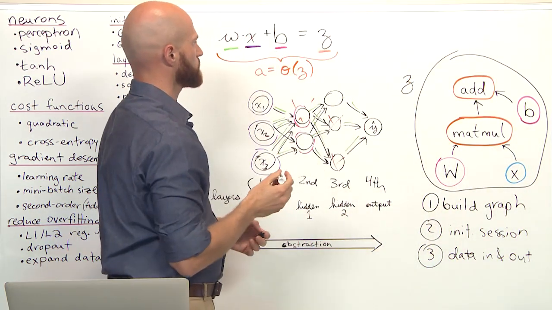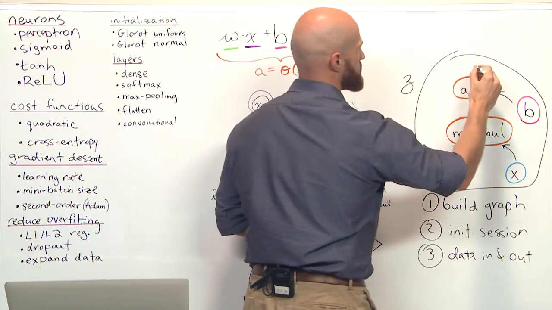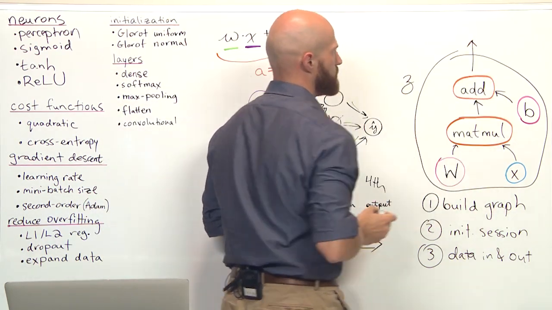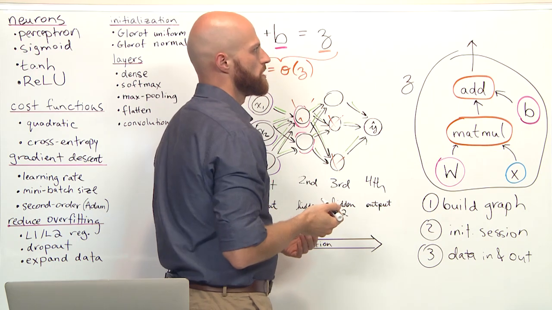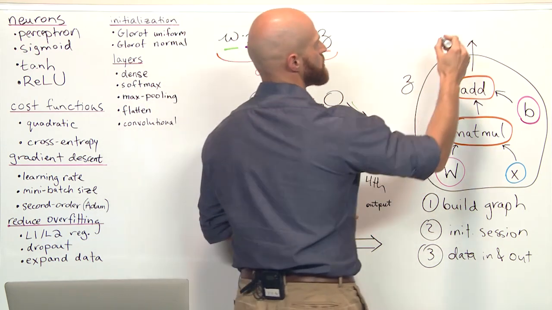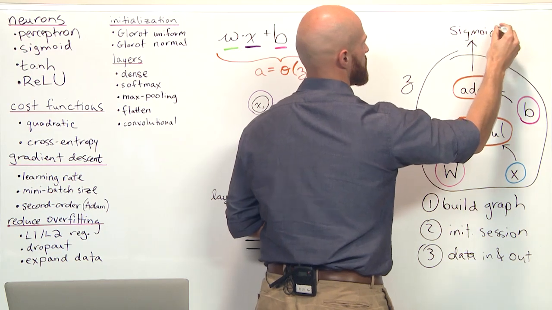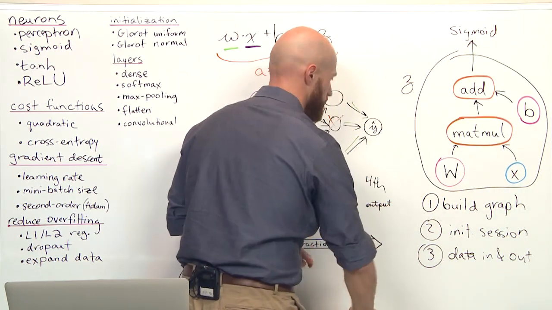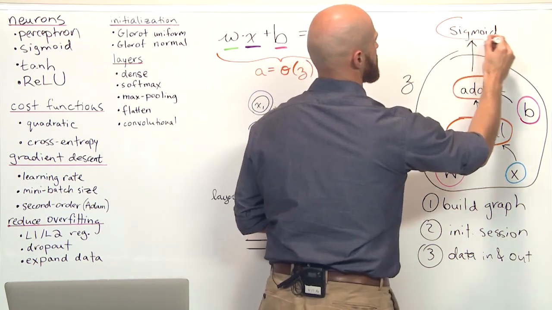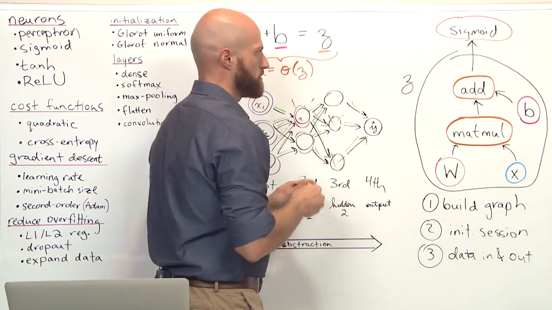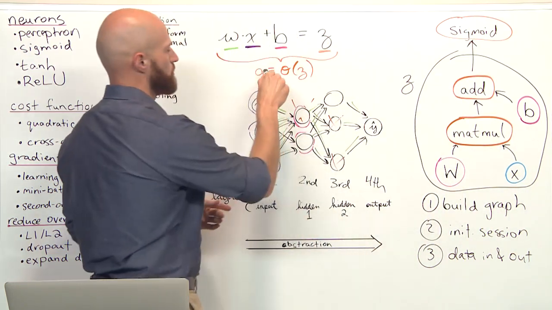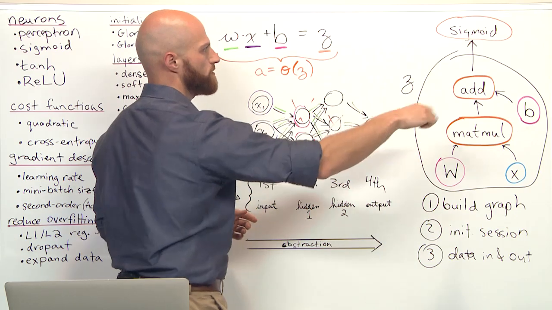And then we could feed all of this further into another kind of operation. We could feed this into a sigmoid operation to have a sigmoid neuron represented here. Then we have our output alpha from this graph.